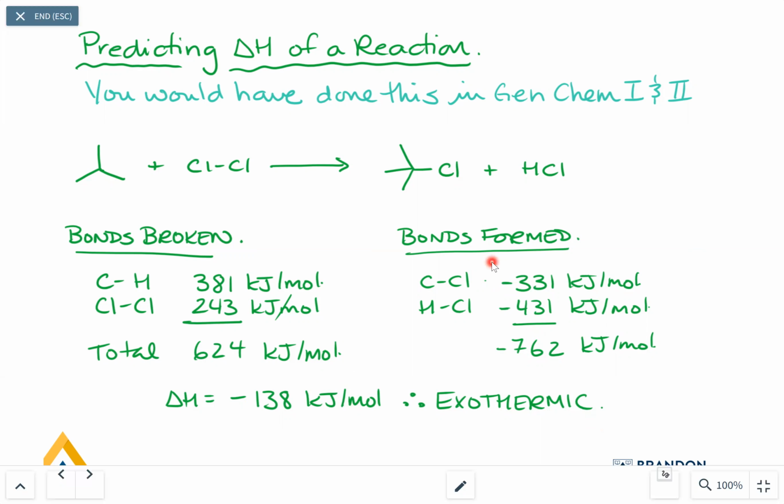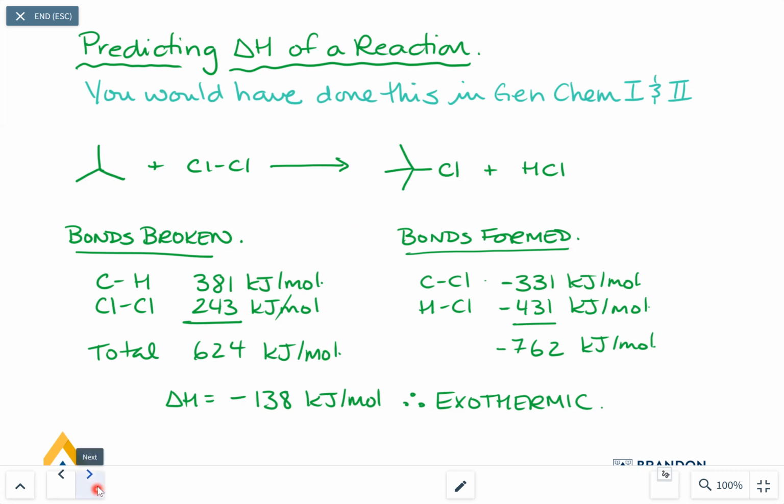So we did this during Gen Chem 1. Thankfully, we're not going to do any of this going forward, but it's just an illustration of using the bond energies to predict how things are formed.